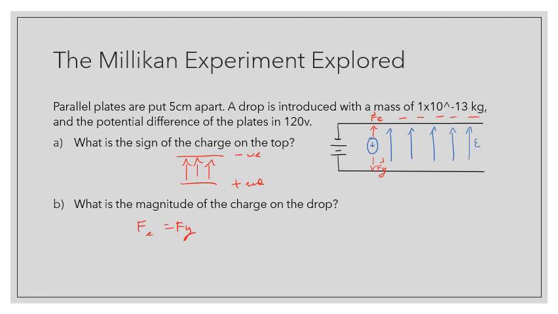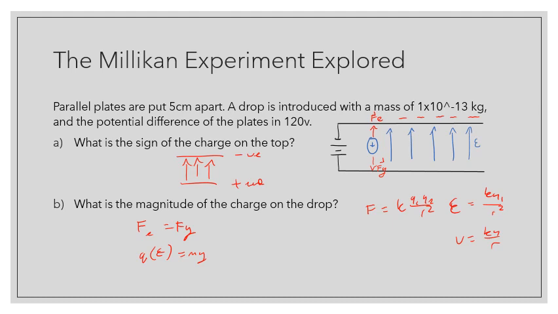We can rewrite Fe via some of the equations that we know. So recall that force is equal to kQ1Q2 over r squared, and E, the field strength, is equal to kQ1 over r squared, and V is equal to kQ over r. So we can rewrite this as qE, epsilon, equal to mg.